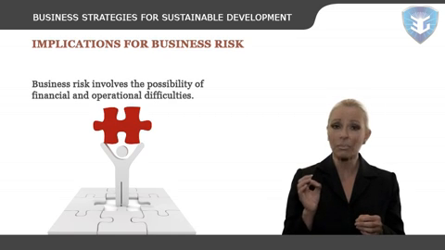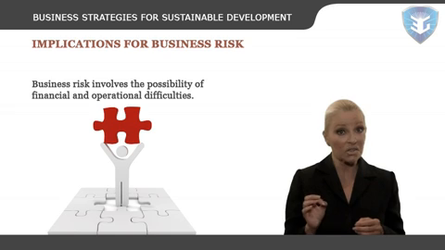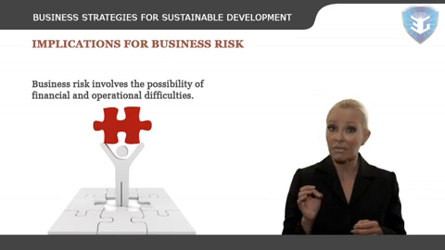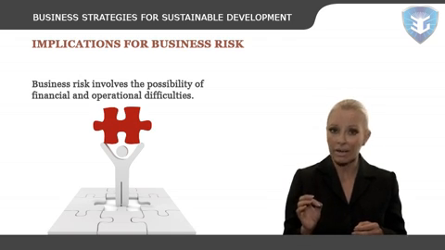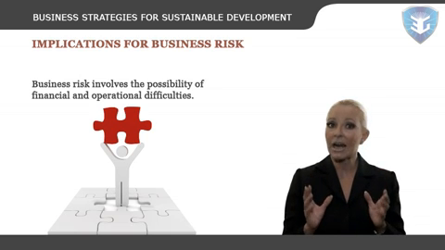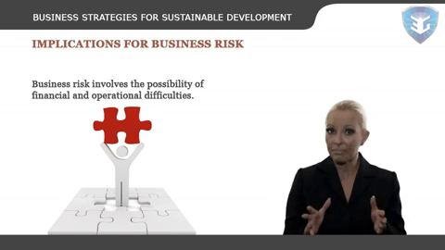Here we will discuss the implications for business risk. Business risk involves the possibility of financial and operational difficulties in the business environment. Different types of business risk exist in the economic market. Each risk carries different implications for business owners to overcome.